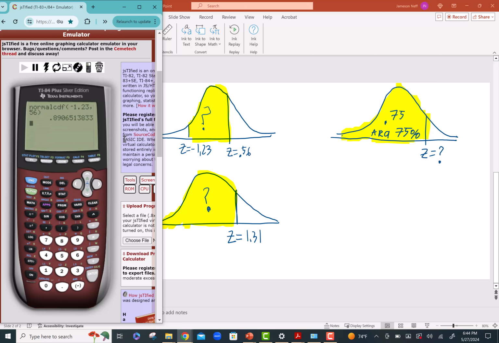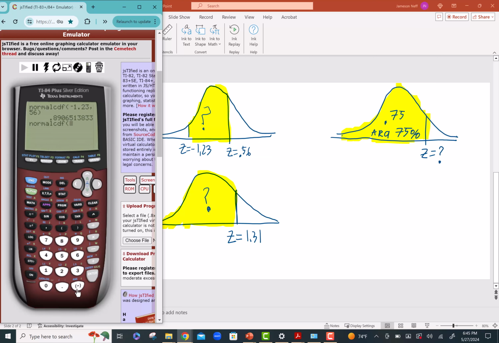Okay, now there isn't a way to directly, let's look at the picture right below it, right? So in this case, I want to find the area that's just to the left of this particular number. Now, you have to choose a lower bound, so how do we handle that? Well, again, second distribution, CDF.